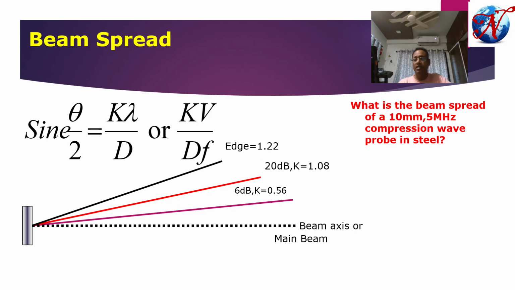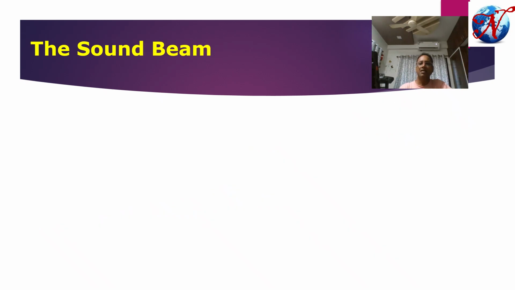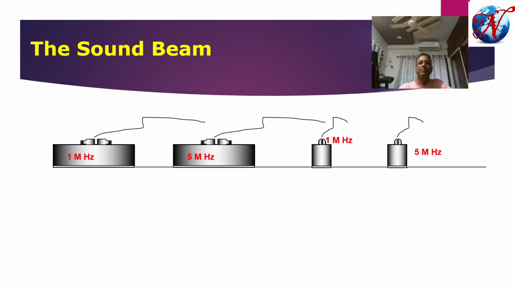Or it could be the 20 dB down point, or it could be at the edge. So according to the point from which you calculate the beam spread, we can use this formula: sin of half angle equals K lambda by D, that is, K times V by D F. That means the beam spread angle depends also on the diameter of the crystal and the frequency.